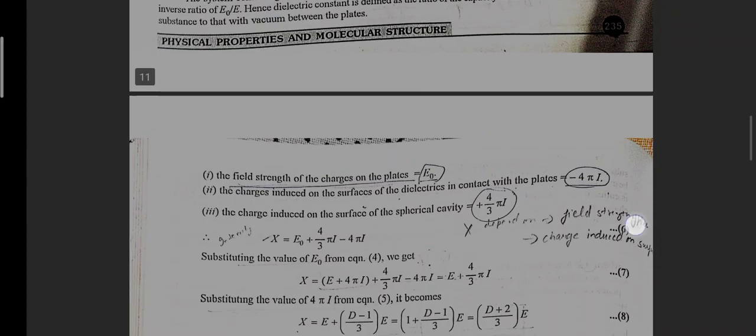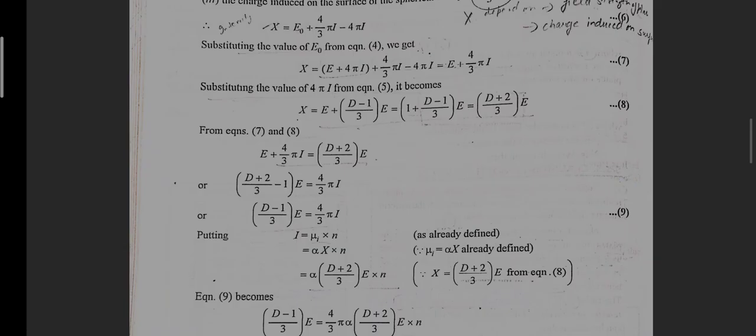Second, the charges induced on the surface of the dielectric in contact with the plate, that will be equal to minus 4 pi I. Next is the charge induced on the surface of the spherical cavity, that is 4 by 3 pi I. So we can say that X is equal to E naught plus 4 by 3 pi I minus 4 pi I. Further, we can write it as X is equal to E plus 4 pi I plus 4 by 3 pi I minus 4 pi I. So this is the complete derivation.